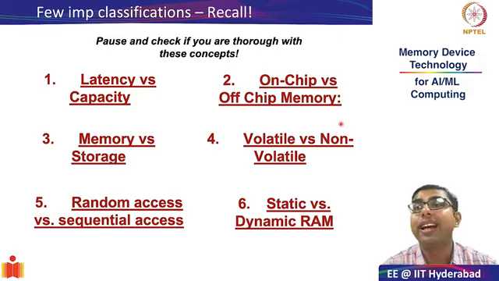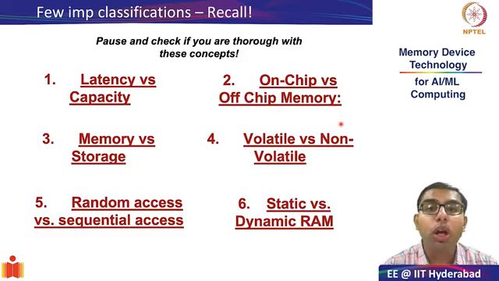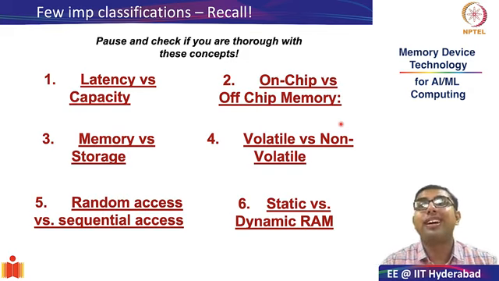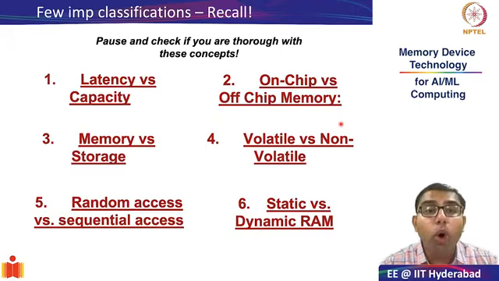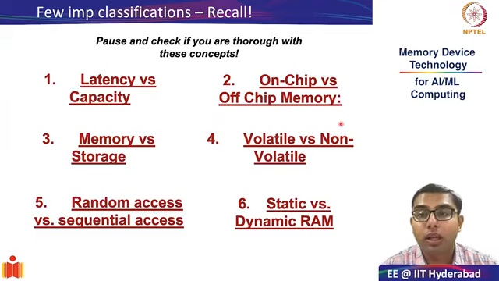The first was latency versus capacity, and that was the rationale for having the memory hierarchy in a pyramidal structure. As you know, when you move down in the memory hierarchy, the capacity or the bit density grows, but you also suffer in latency. What was on-chip versus off-chip memory?